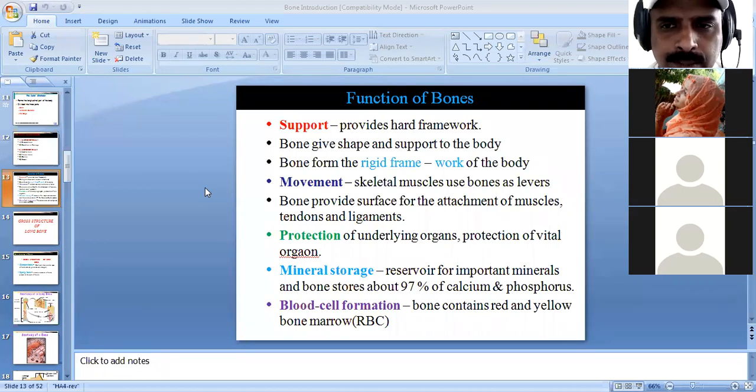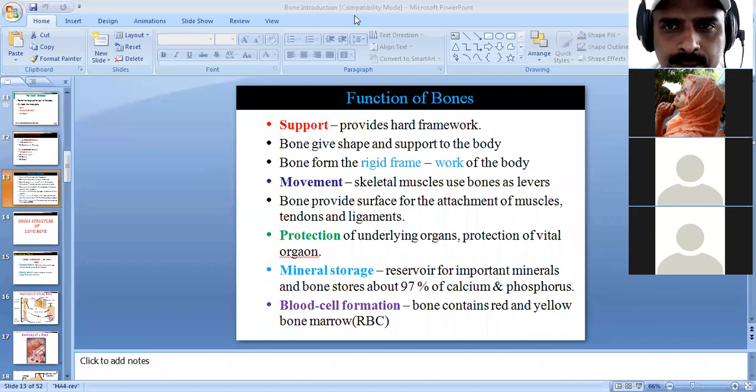Bone forms the rigid framework of the body, and movement of the body is by the joints, with bones forming joints, and skeletal muscles attached to the bone help in movement of the body. It also provides surface area for the attachment of muscles, tendons, and ligaments. And protection: I have told you it protects all the vital organs, which you have to remember.